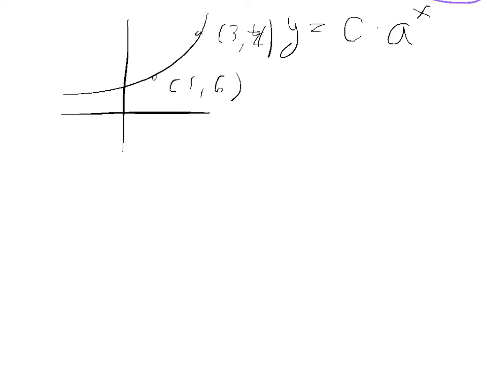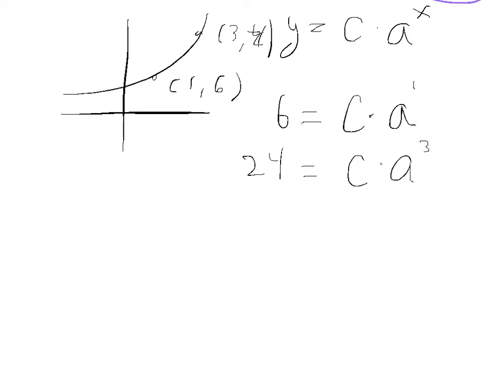So I'm going to use this equation to put those numbers in. First I'm going to put the 1 and the 6 in. So that's going to be 6, put that in for y, is equal to c times a to the first power, which is just a. Then I'm going to put in the other one, which would be 24 equals c times a cubed. And so I need to solve for c and a.